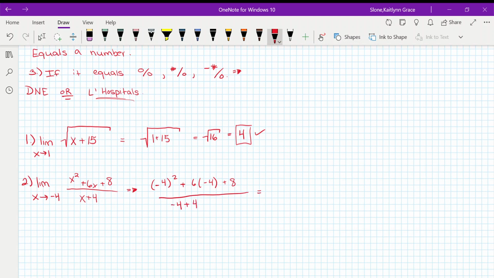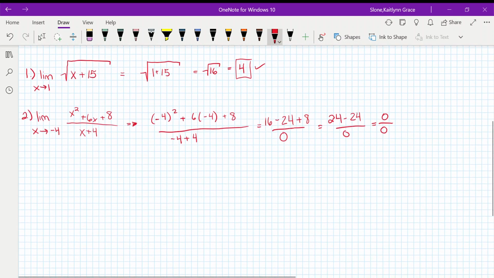And right off the bat, we can see that the bottom is a 0. So it's not looking too good, because even if we get a number on the top, it's still going to be equal to infinity. But we're going to do the top just for completion's sake. So we have 16 minus 24 plus 8. That's equal to 24 minus 24 over 0, which is equal to 0 over 0.